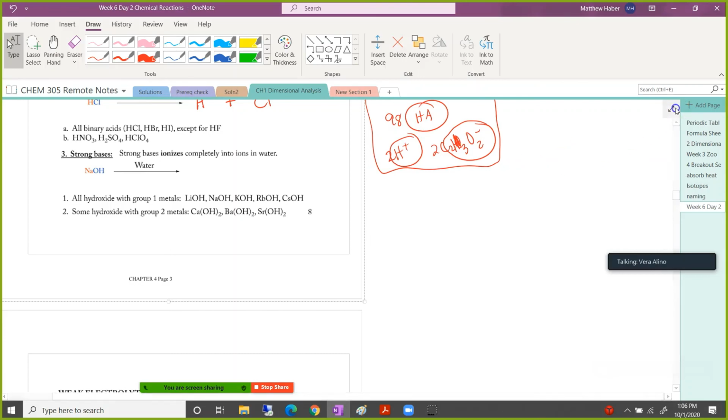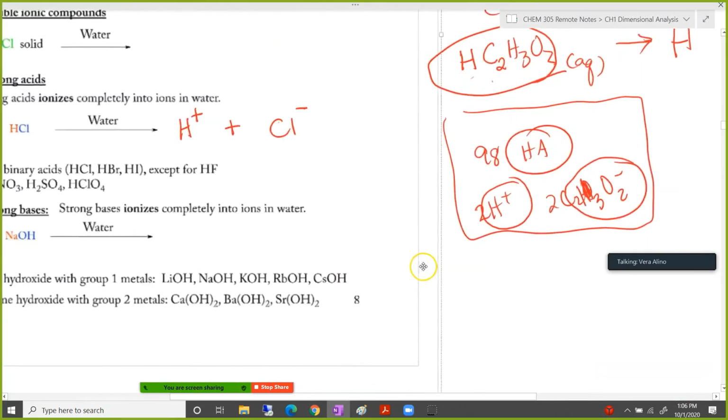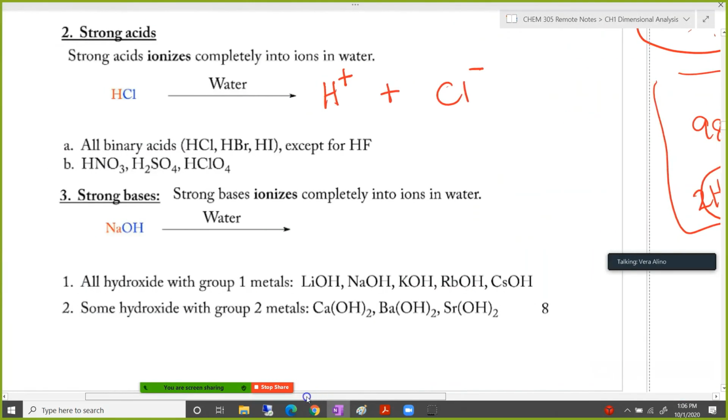If there are strong acids, there also have to be strong bases, right? So these are the strong bases, and they're usually group 1 metals. So sodium hydroxide, lithium hydroxide, and so on and so forth. These are the list. And the definition of a strong base is that when you put it in water, it will break apart into ions. So don't worry much about these strong bases or strong acids. We're going to repeat them again.